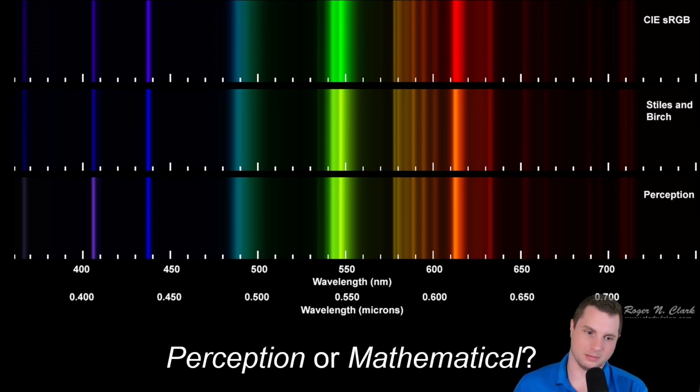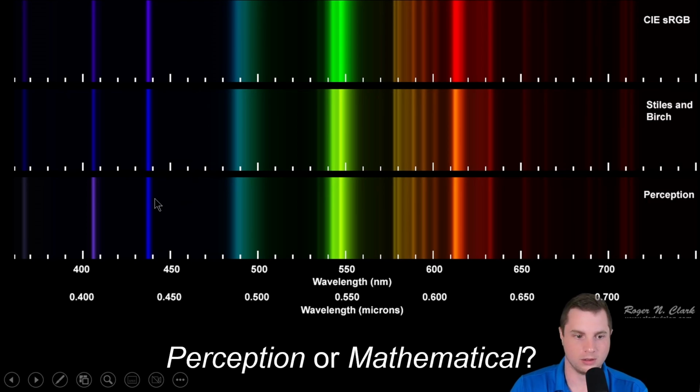What this ends up looking like is a much smoother gradient transition between colors. If you've noticed, in perception here, we got orange and then an almost immediate drop off. Green, immediate drop off. Violet, immediate drop off.